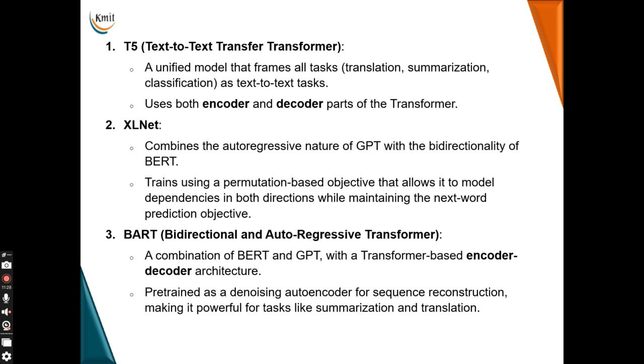It has both encoder as well as decoder. XLNet, which combines the autoregressive nature of GPT with bidirectionality of BERT. And BART, bidirectional autoregressive transformer. It's a combination of again BERT and GPT, and it uses both encoder and decoder.